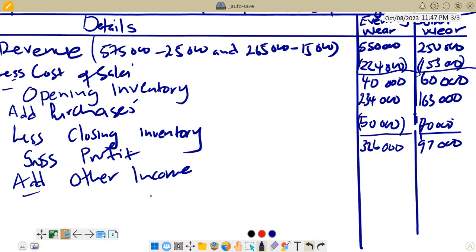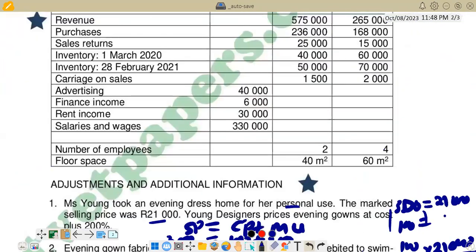You put the income beneath here, then the total for the other income, you put it here to represent other income, then you add it to this figure. Right. So we go back to see what other income we have in the question. You can check in the list of balances there. We've got this finance income. That's the first one. But we are given it as one figure, 30,000, and we would want to see how we are supposed to apportion that between the two departments that we have there.